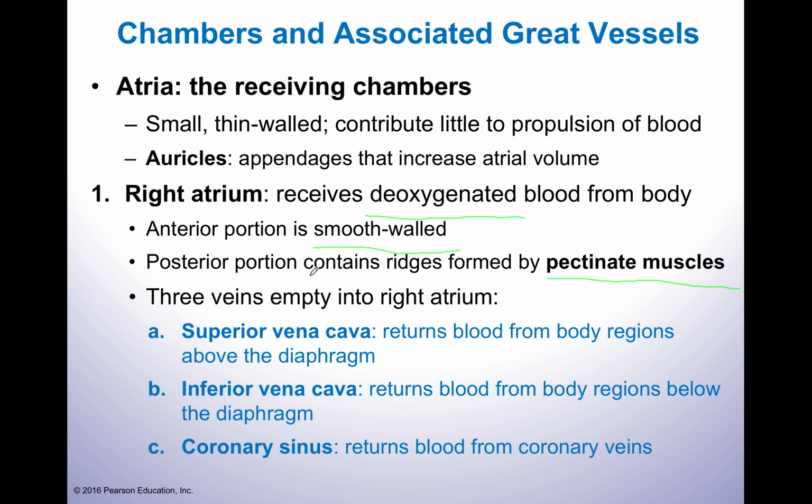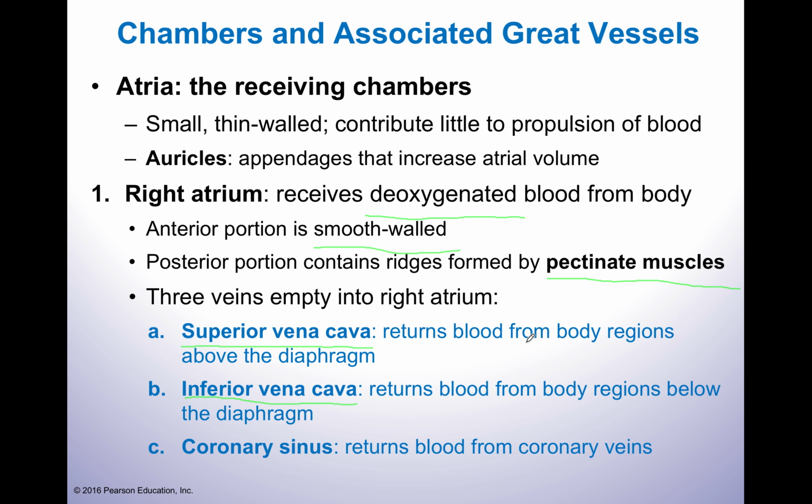We have three main veins associated with the right atrium, which basically bring blood back to it, because the right atrium is receiving blood. A couple of them should be very familiar to you: the superior vena cava and the inferior vena cava.